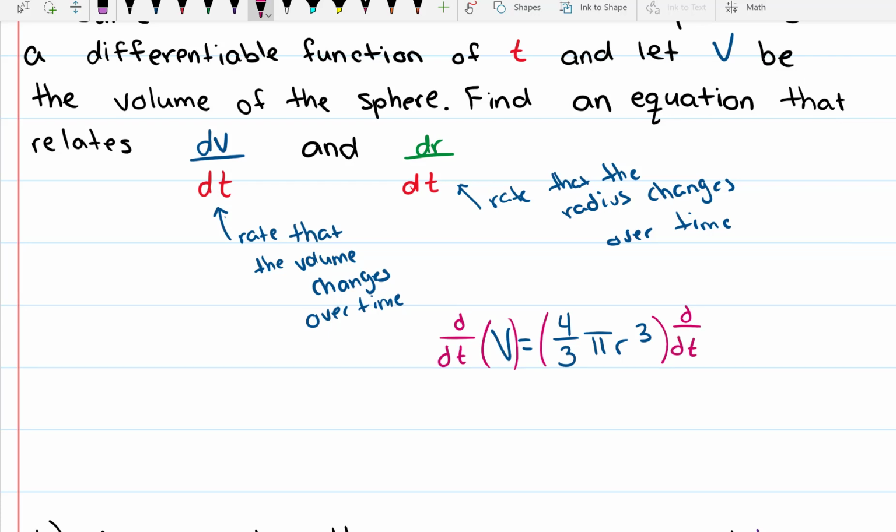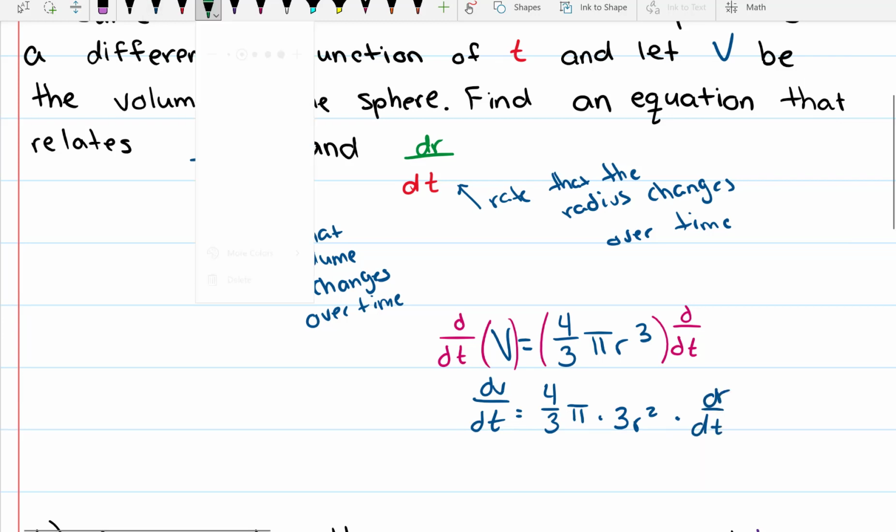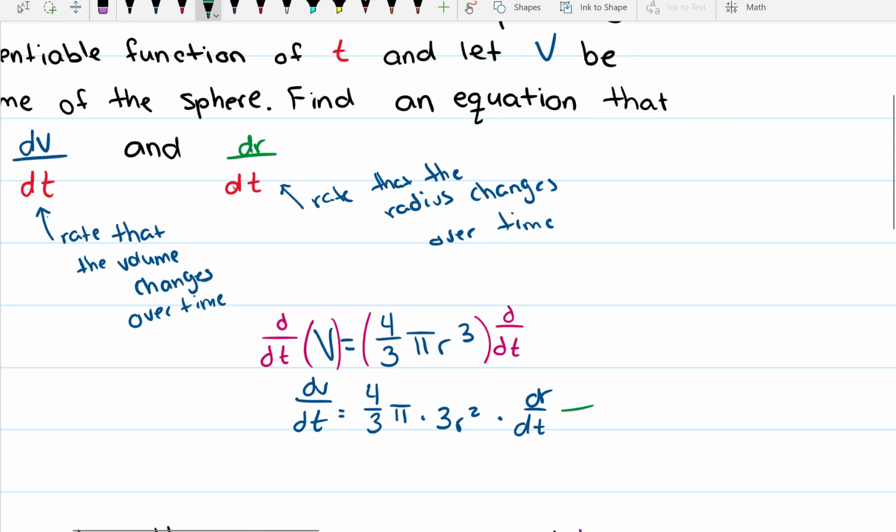This is very similar to implicit differentiation, except this time we're introducing a new variable, which is t.